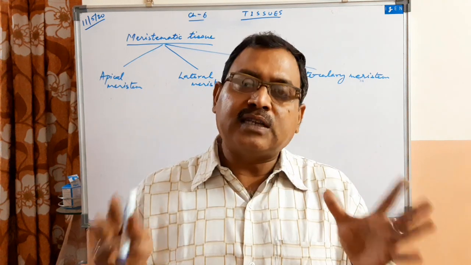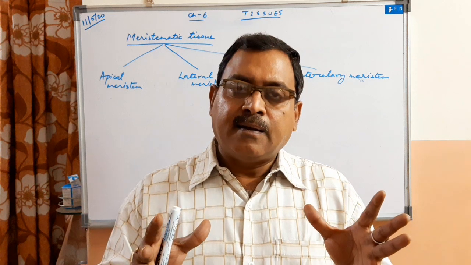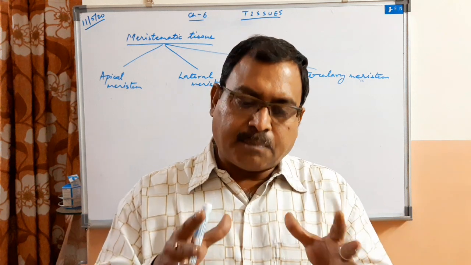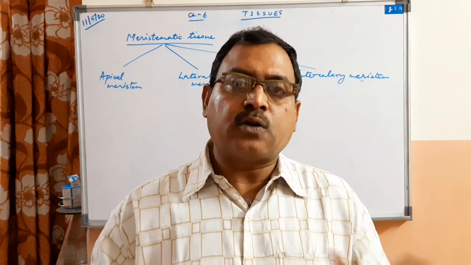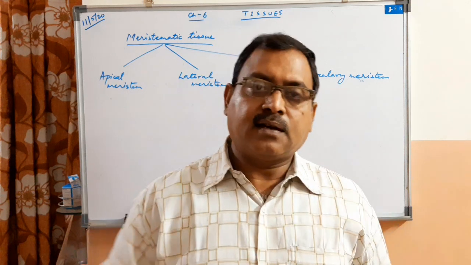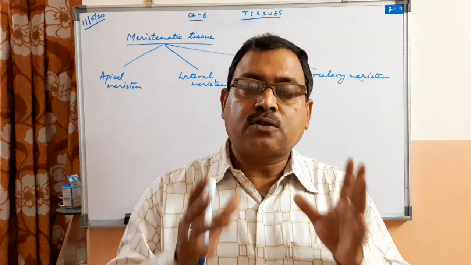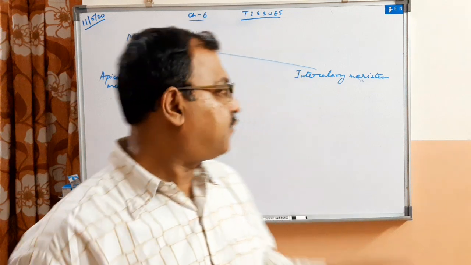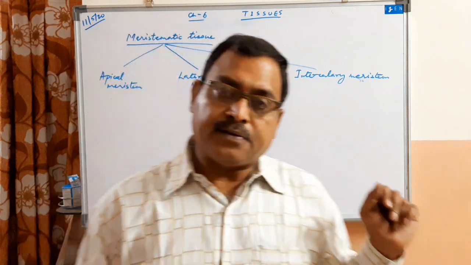And as it grows, it increases in thickness, meaning the girth of the plant or tree increases because of lateral meristem.